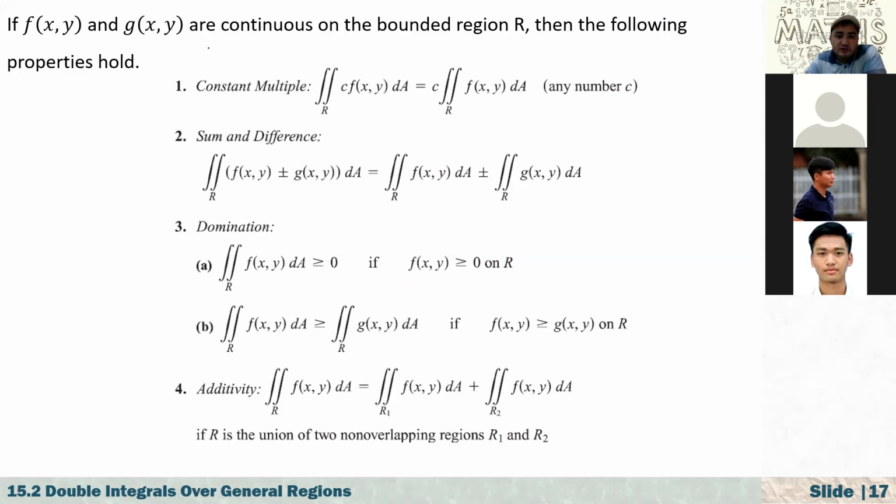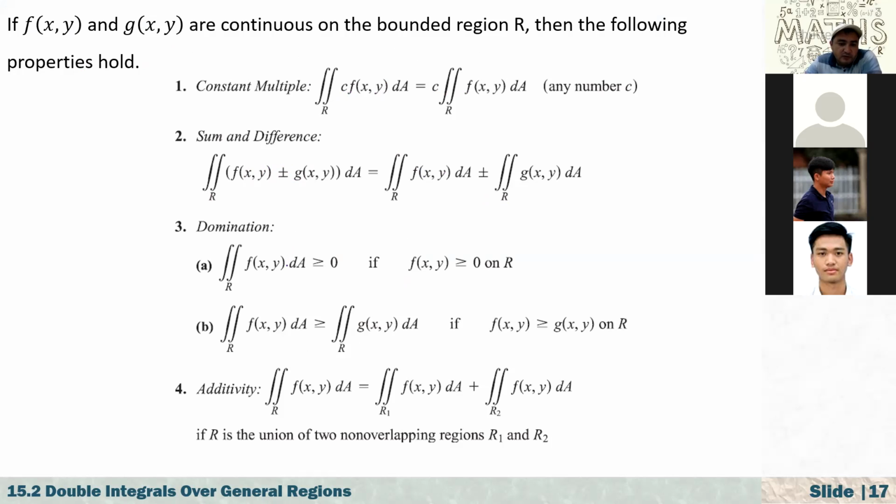So if f and g are continuous on the bounded region R, then the following properties hold. These are very similar to our properties of single integrals. For the double integral of our function multiplied by a constant number c, we can just take the constant out of the double integral. For the sum and difference, if you add or subtract two functions and integrate, it's the same as first integrating and then adding or subtracting them.